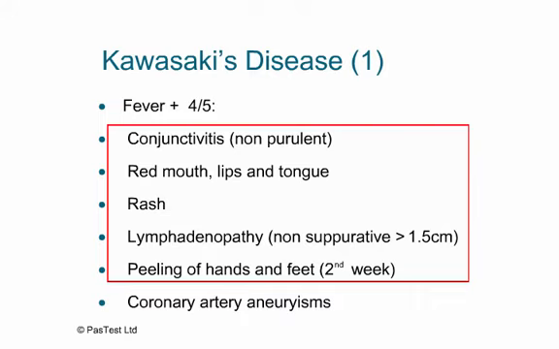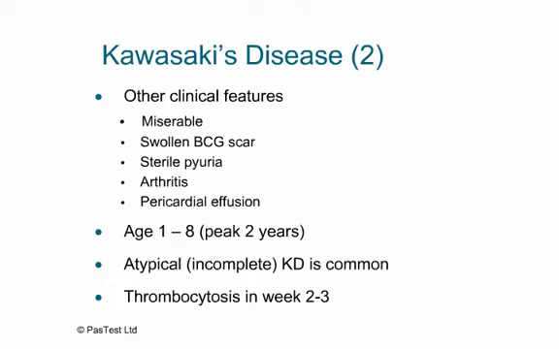However, Kawasaki's disease also has several other clinical features. Children are miserable. They frequently have, if they have been vaccinated with BCG, the BCG scar frequently swollen and can become purulent. They have sterile pyuria and can have arthritis, and occasionally develop a pericardial effusion.